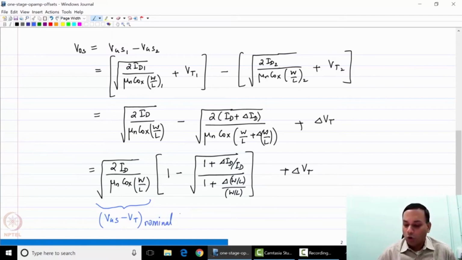So this is the nominal overdrive of the devices.